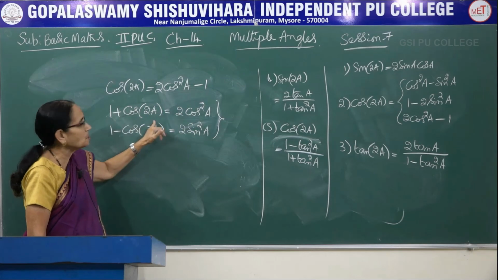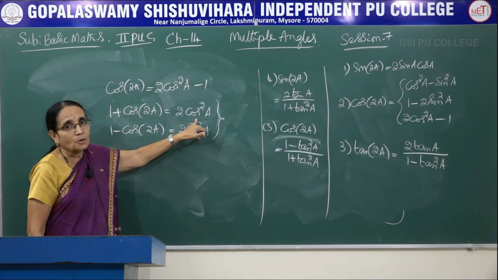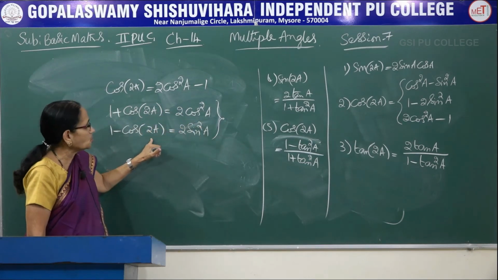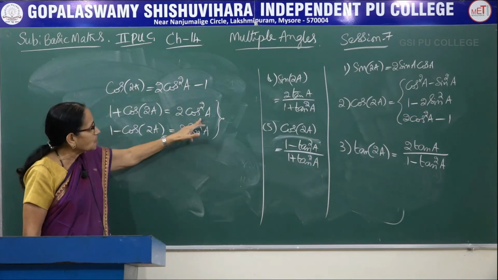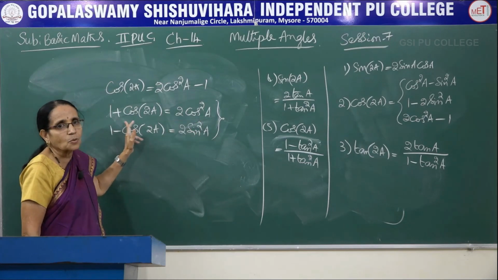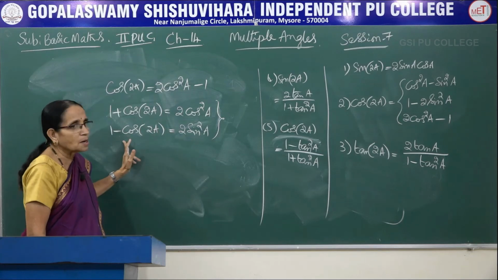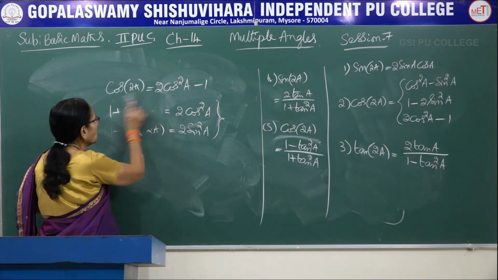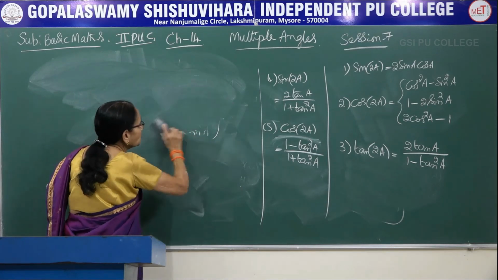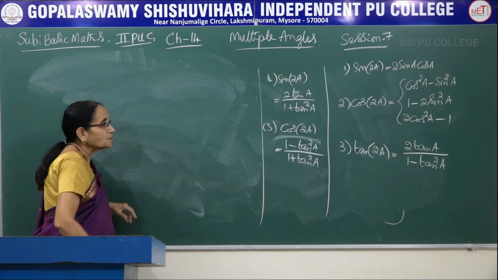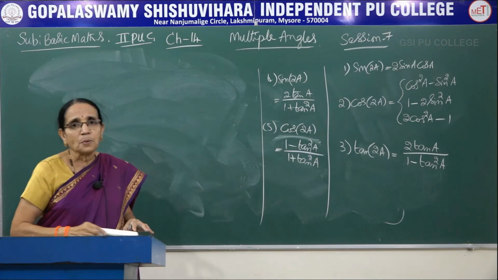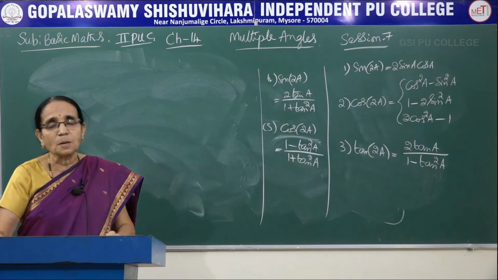If you come across 1 plus cos 2a, you can write the power of cos. If you have 1 minus cos 2a, you can write the power of sin. So this is another way of expressing the same formula, which will help us solve the problem rather easily.